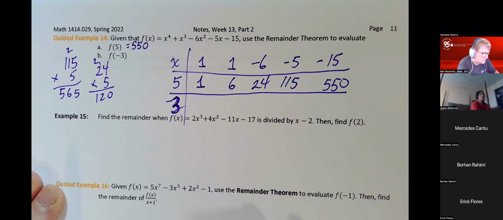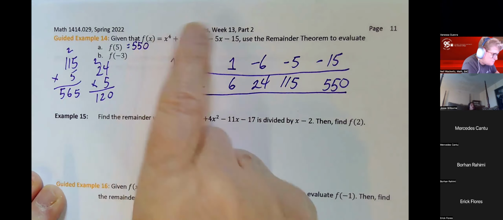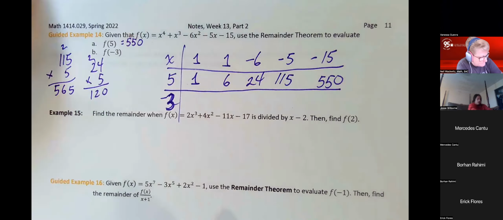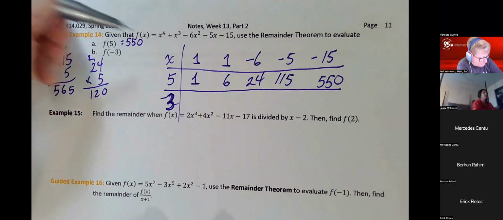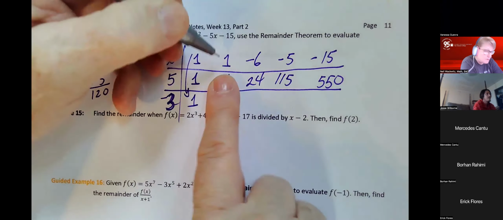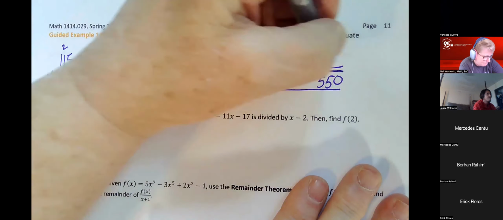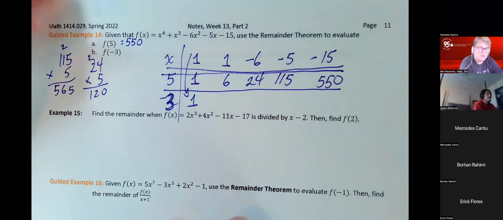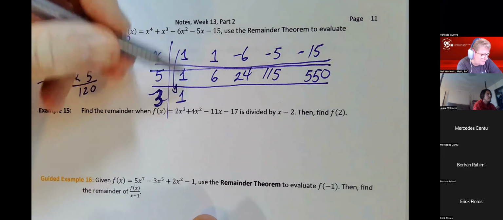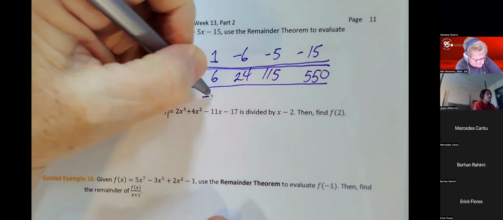Let's divide f of x by x plus 3. In other words, let's find f of -3. Help me out. It'd be -3 plus 6, 3. But we're going all the way to the top. Oh, we still have to use the top row. My bad. That's cool. Oh, -3 times the first, plus 1, -2.